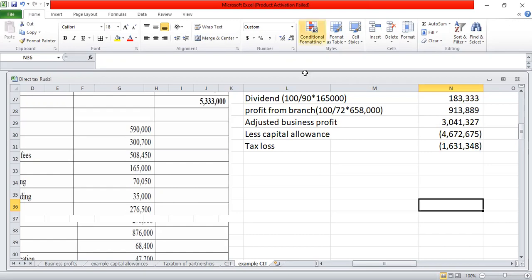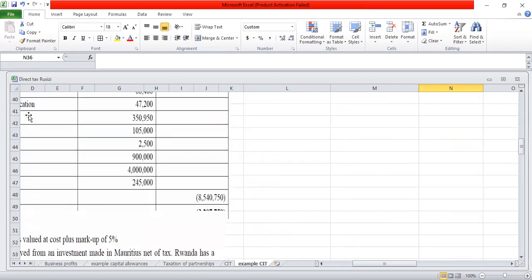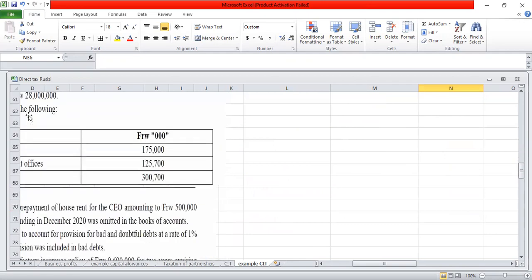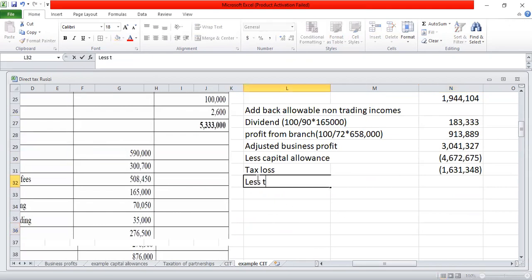So this loss can be carried forward for the next 5 years. And we can now compute, we less the tax paid already. Less tax paid.